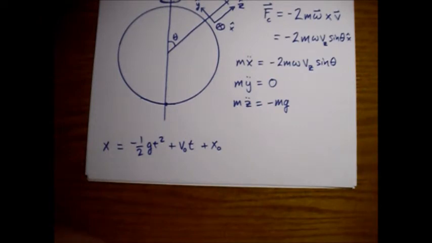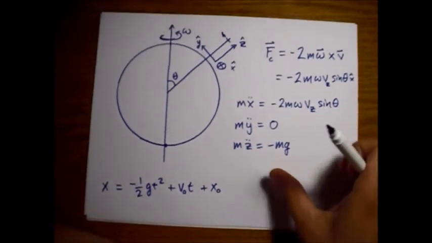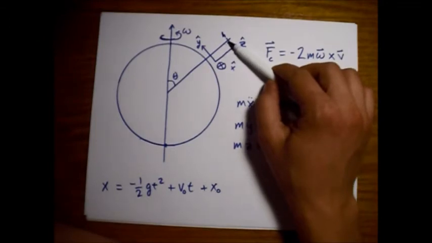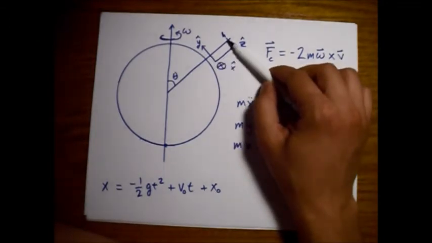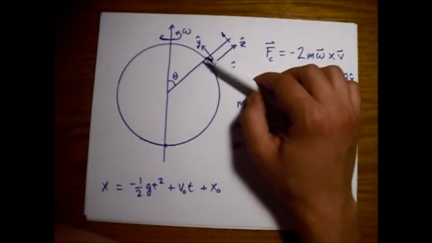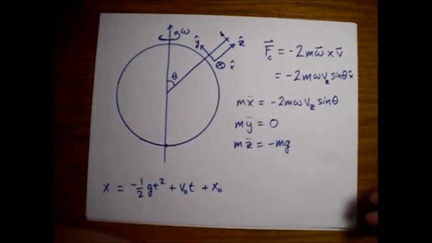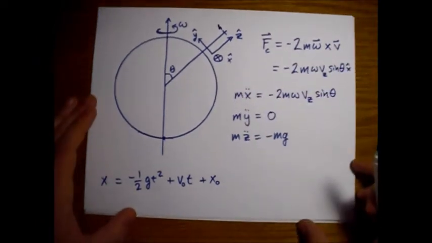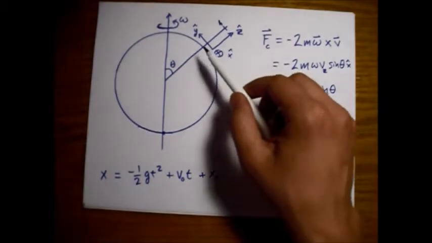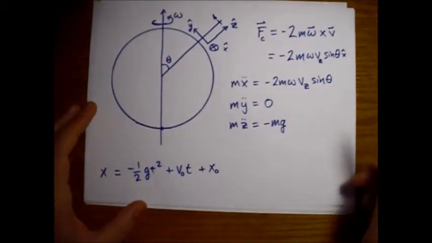Two things that we will need. One is, in free fall, how long would it take to fall from height h down to the ground? So we just want to know what that time is, and also how fast is it going when it gets there.